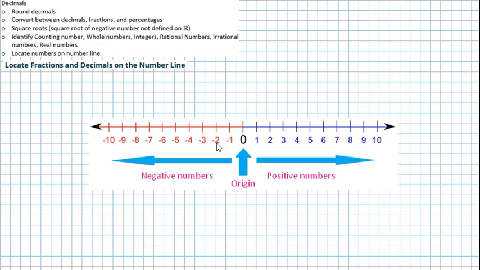Now, I've had students say -10 is greater than -2, but it's negative or something like that. No. This is very simple. Numbers to the left are always less than numbers to the right. Numbers to the right are always greater than numbers to the left of them. So, -2 is greater than -8. 0 is greater than -9. 0 is greater than -100.